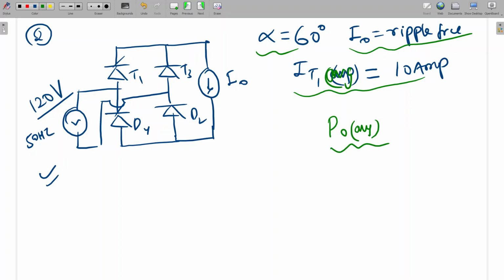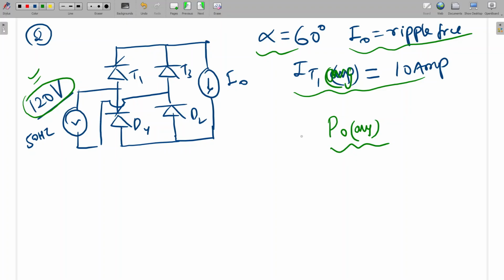Sir, is 120 volts the peak value or RMS value? If nothing is mentioned, it will be the RMS value. Only if Vm sin omega t is written in the question do we assume it is the peak value. If something like 120 volt 50 is written, then it is by default the RMS value.